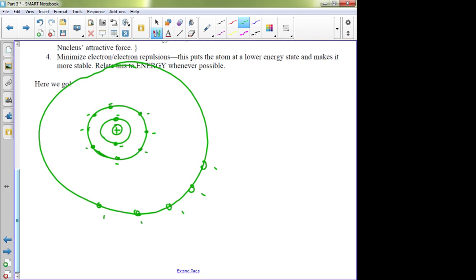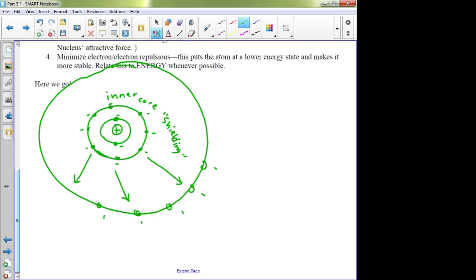These electrons in what we call the inner core, and the inner core, by the way, is just all of the electrons that are not in the outermost shell. So all of the electrons in the inner core are shielding these outside electrons from feeling any of the positive attractive force. Do we see that? So therefore, they're causing these electrons to be repelled and pushed out. We see that? That's electron shielding.